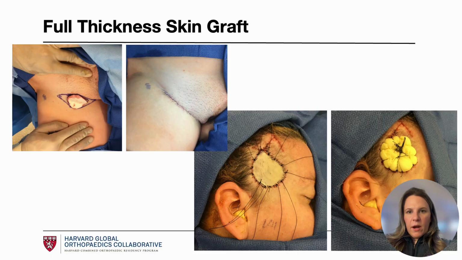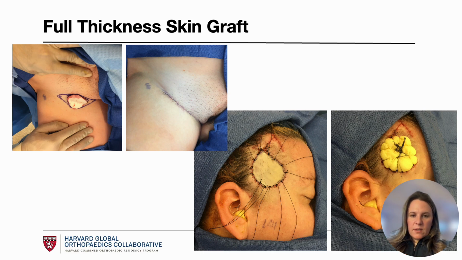So I'm going to start with skin grafting. Here, first, we're talking about full thickness skin grafting. As you can see, I'm using a full thickness skin graft to the face because I haven't actually ever used a full thickness skin graft to the lower extremity. Usually we're opting for a split thickness skin graft, but if you need to do a full thickness skin graft for whatever reason, you harvest them from creases where you can close it primarily.